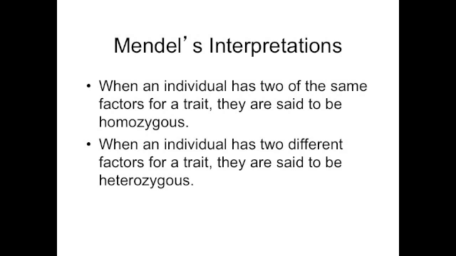If a pea plant inherits two alleles for being short, it is still considered to be homozygous because both of the alleles code for the same trait. On the other hand, if the plant inherits one allele for being tall and one allele for being short, it is said to be heterozygous because the two alleles are different.